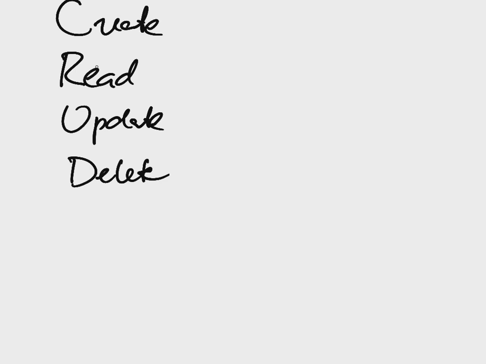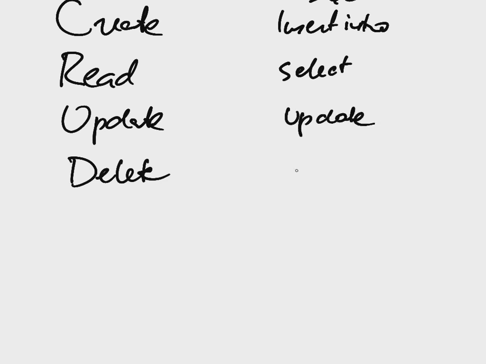You can create new entry, you can search for them. So in SQL, that would be insert into. For reads, that would be select. For update, that would be update. And for delete, it would be delete.